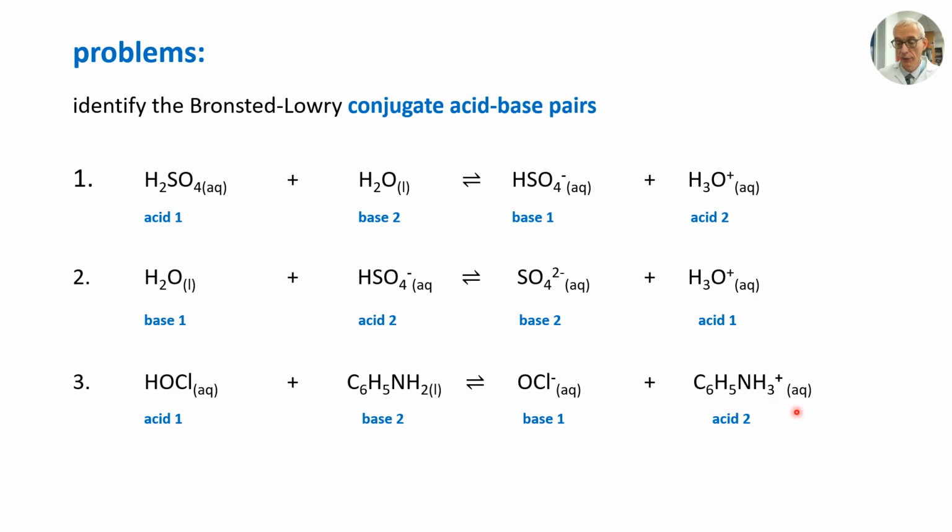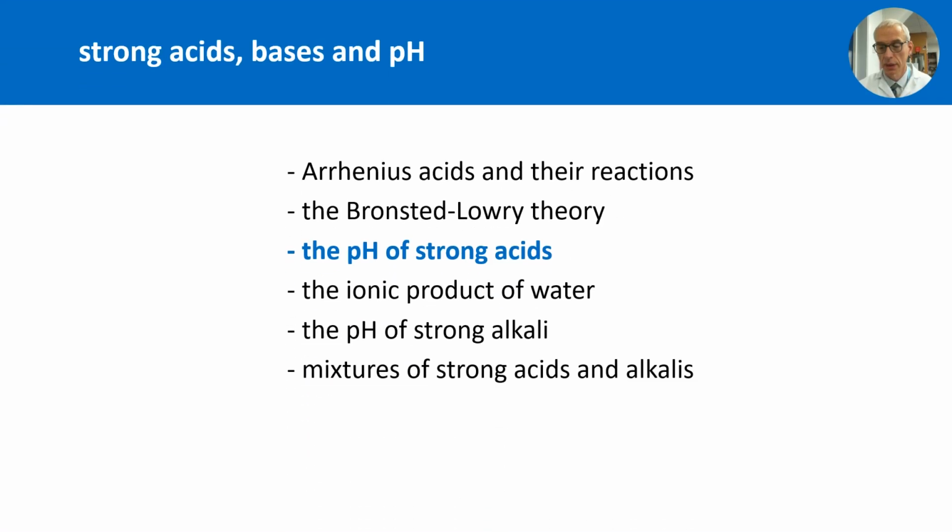Phenylamine forms the phenylammonium ion, which itself then can act as an acid, donating a proton to the chloride ion and reforming phenylamine. So base 2 and acid 2 are a pair, and acid 1 and base 1 are a conjugate acid-base pair.